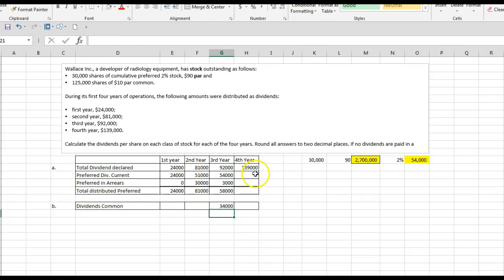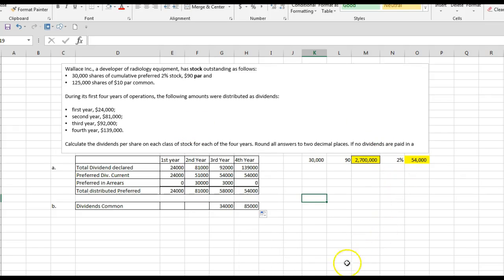Next year's even better yet because we just have 54,000. There's nothing in arrears. That leaves a preferred of 54,000 and common stock should get 85,000. So preferred stock always gets the dividend first, and if it doesn't get it all in the first year, it carries over to the second year.